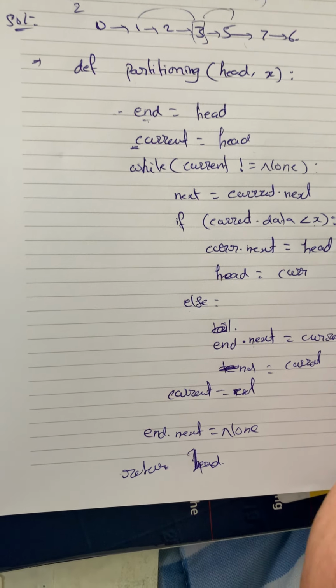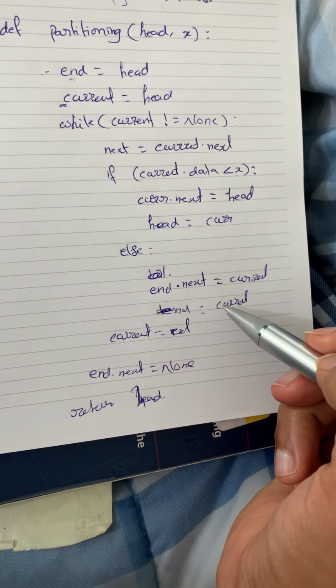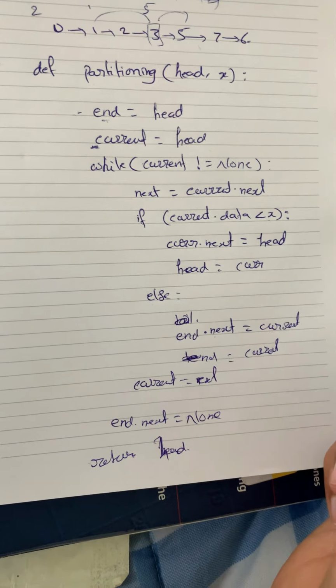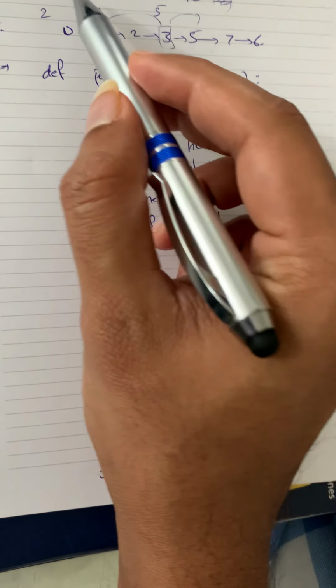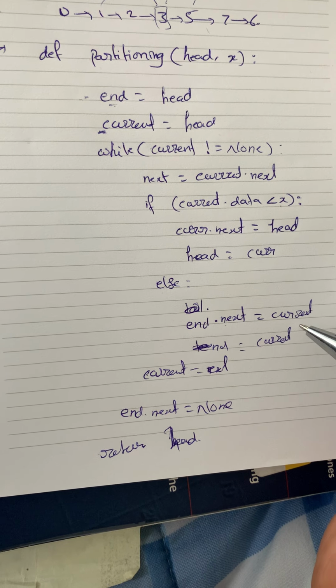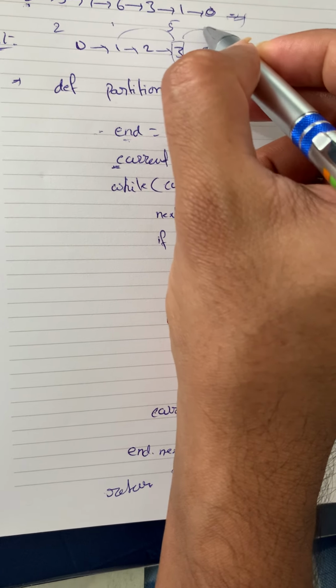It will check 5, which is greater than 3, so it goes after 3, so it will be the last element in the list. And then we go to the 7. The 7 comes here. 7 is greater than 3, so we make 7 the tail.